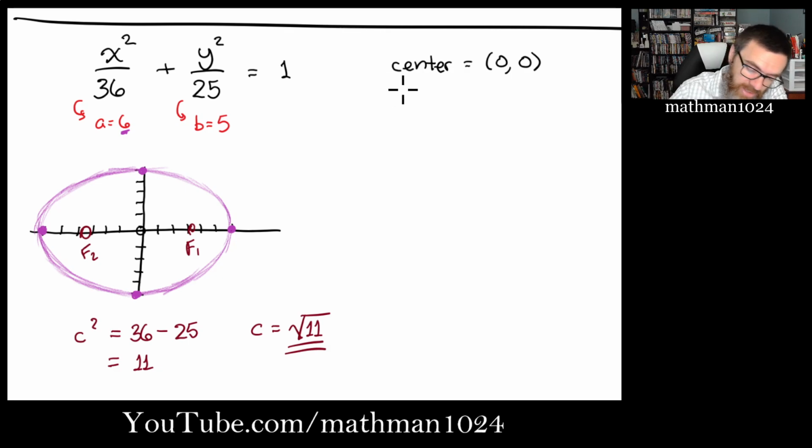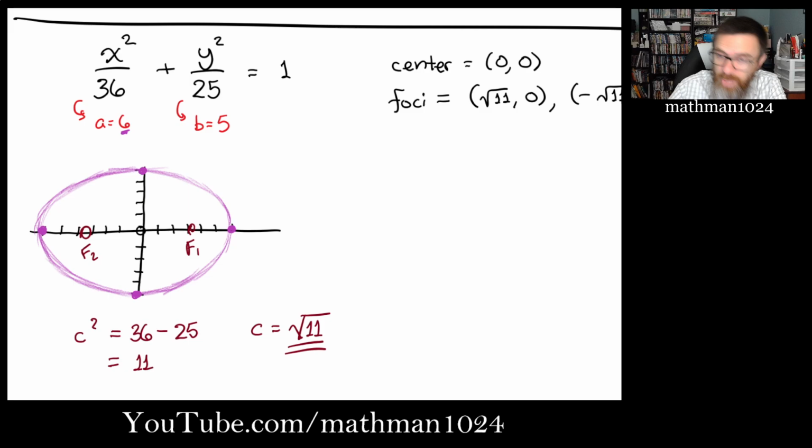Now let's write these guys as an ordered pair. So as you can see, it's the x value that's changing. And one of these guys is going to be the square root of 11, 0, and the other one is negative the square root of 11, 0.